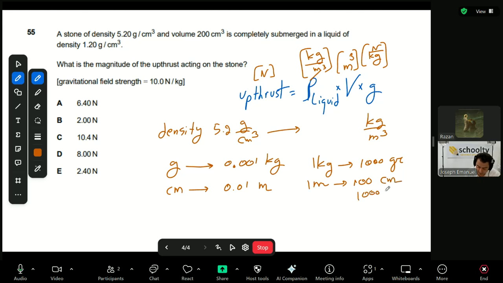But it's a cube. So 1 meter square has 100 by 100 centimeters, which is 10,000 square centimeters.